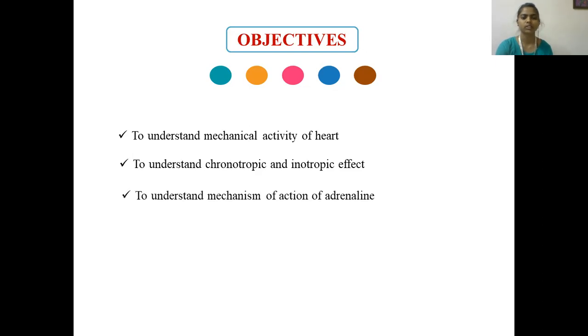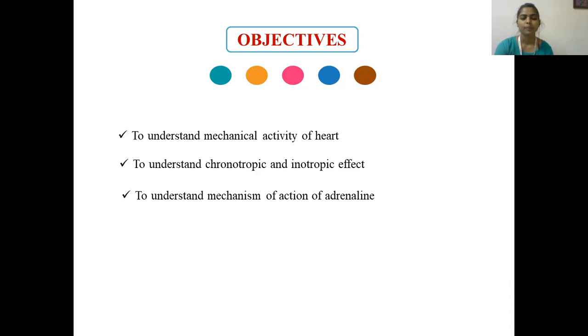The next objective is to understand the mechanism of action of adrenaline. So what is the mechanism of action of adrenaline? All of you know that adrenaline and noradrenaline act as neurotransmitters, right? They produce the positive chronotropic as well as inotropic effect on the adrenergic receptors which are present in the heart of the frog.